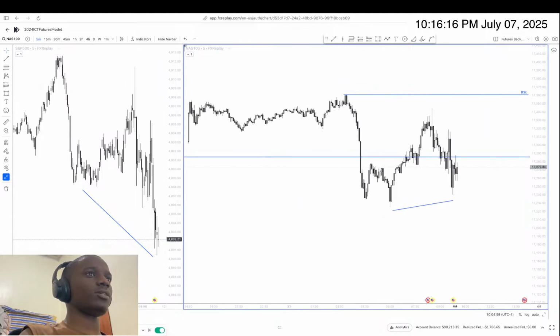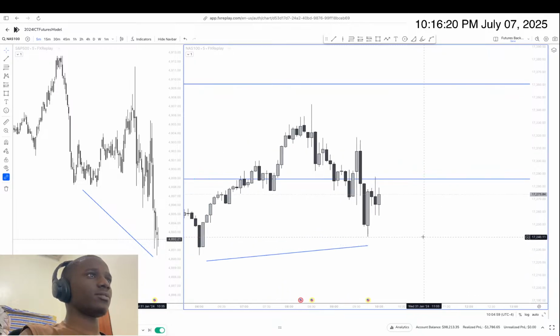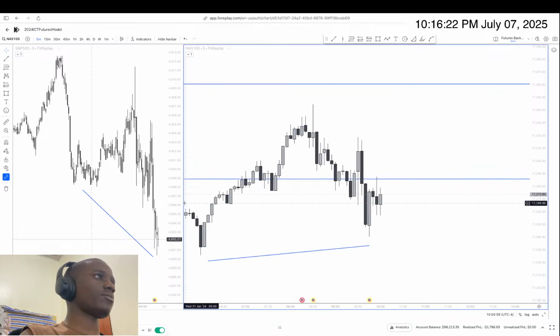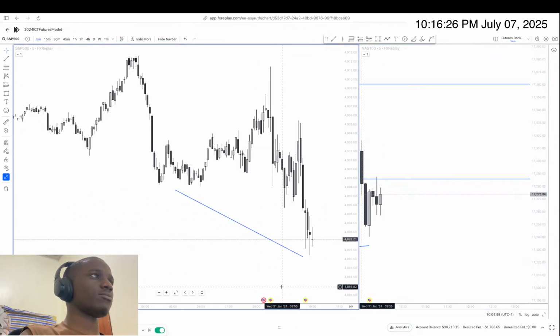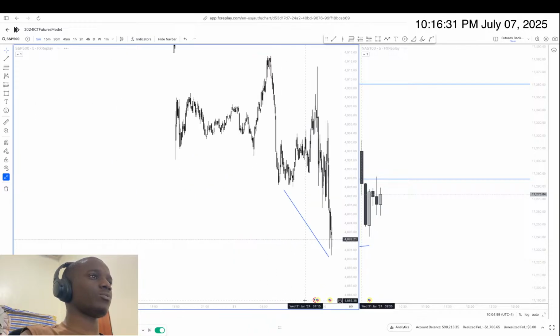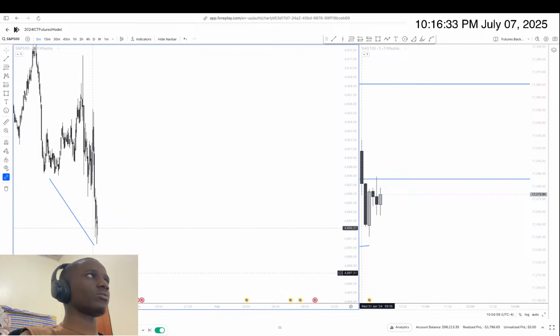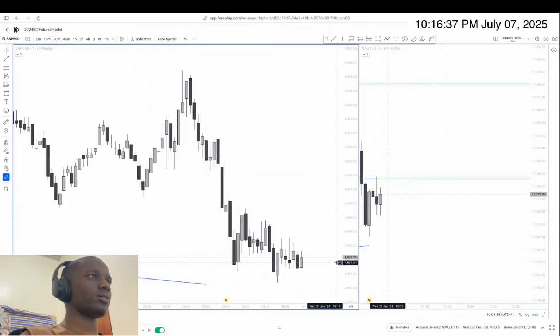Now going into the lower side here on the ES, I'm seeing we have a nice sweep, but it's not as perfect as I wish it would be. So just let it be on the 1 minute.